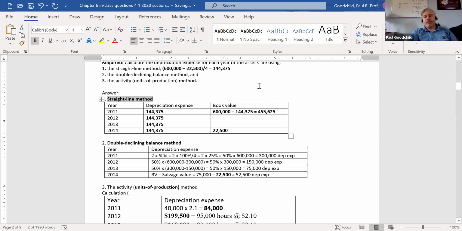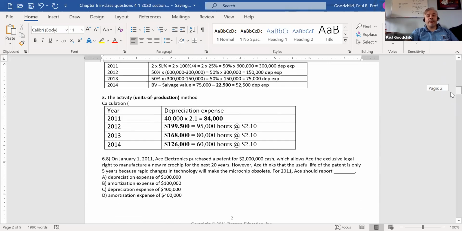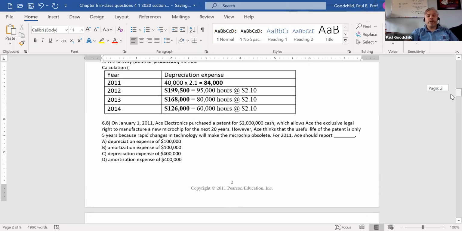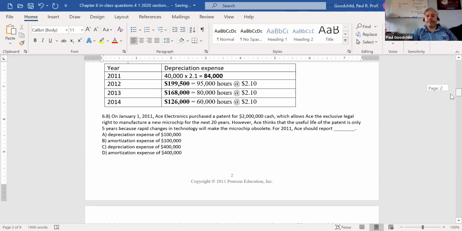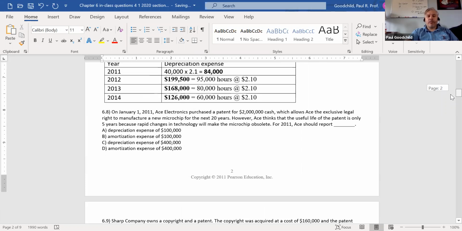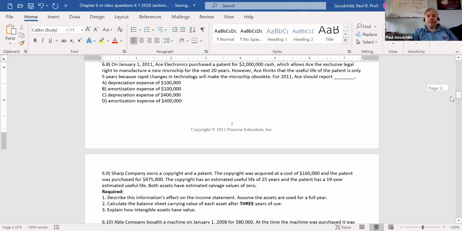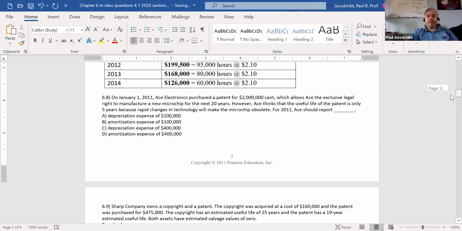So you just have to look and see what method, but in order for units, you're going to need something like machine hours or miles or something along those lines. Okay. Hopefully I answered that question. If I didn't, throw it up there and ask me to explain it again.